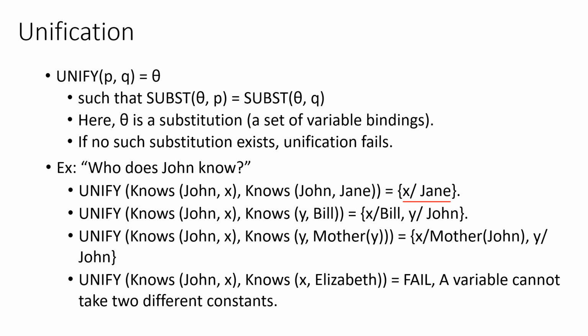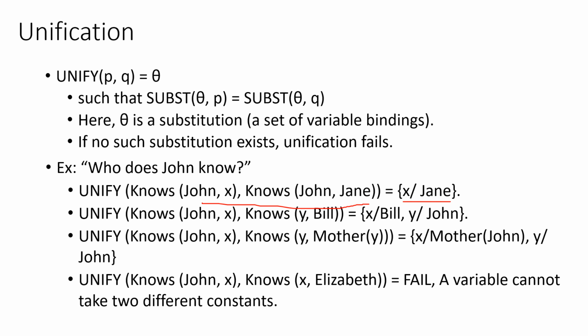If such a substitution exists, the unification succeeds, and if no such substitution exists, unification fails. Here we can see an example: how does John know? This is represented as knows(John, x) and knows(John, j). From this we can identify that x can be j.